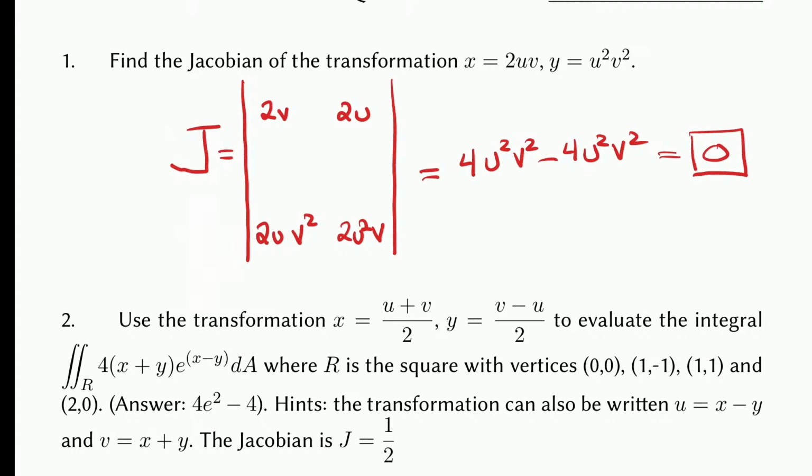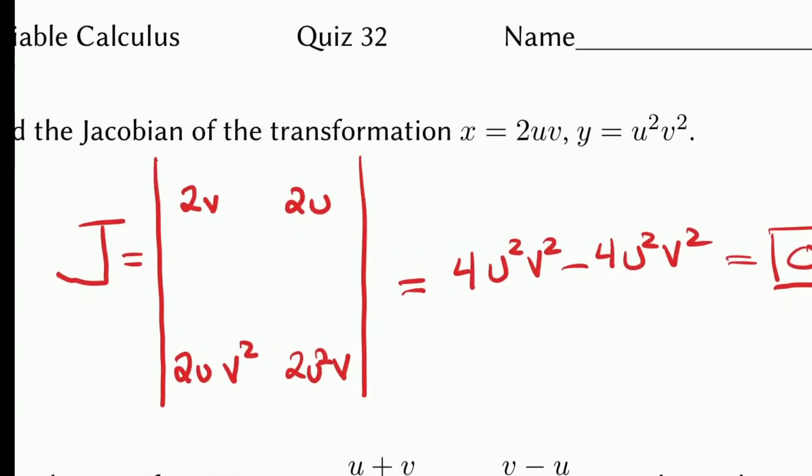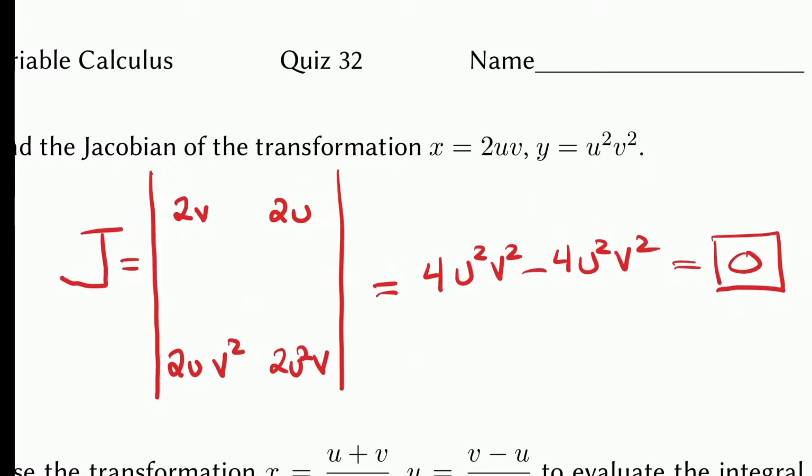You did it quicker than I did. I hadn't checked this one ahead of time. I have the other one done, but that's interesting. The lesson learned is this is not a good transformation. It wouldn't work. You couldn't use this. Here, I'll show you my work. It's 0.